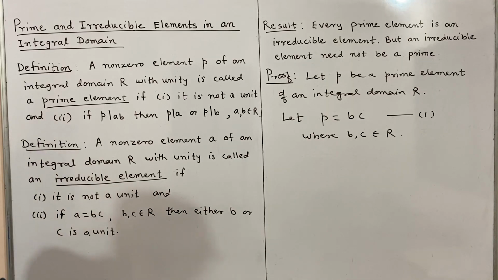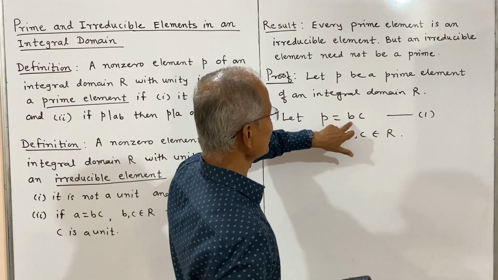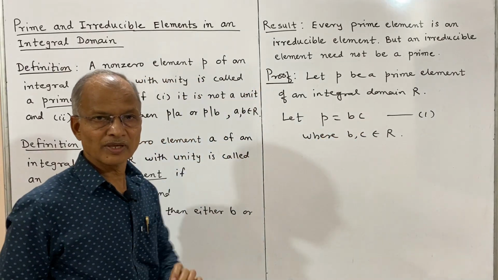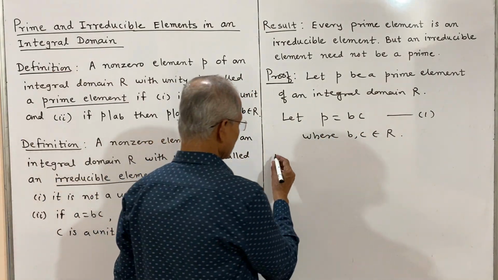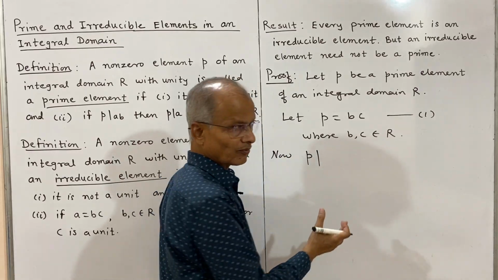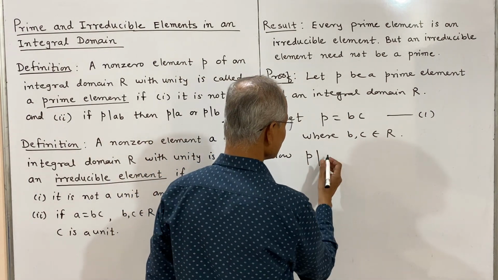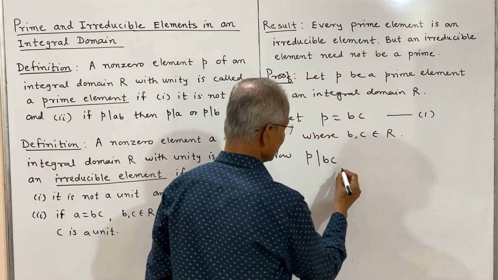Now P is prime and P is equal to BC. P divides P, that is obvious or trivial, and P divides P means P divides BC. And P is prime.